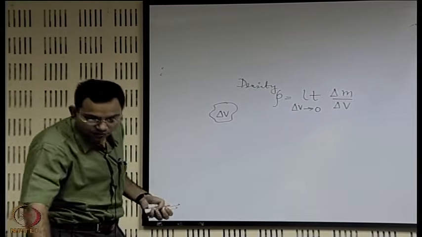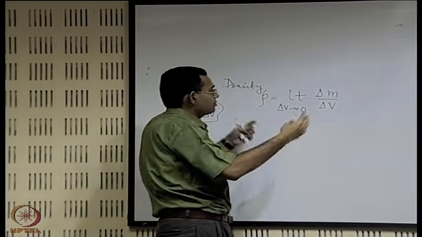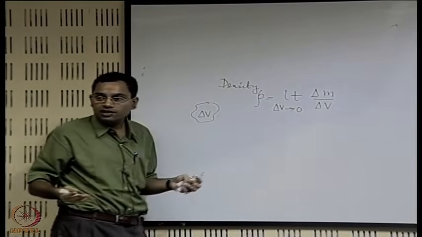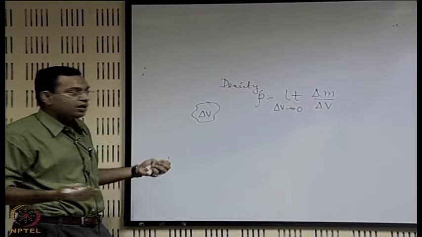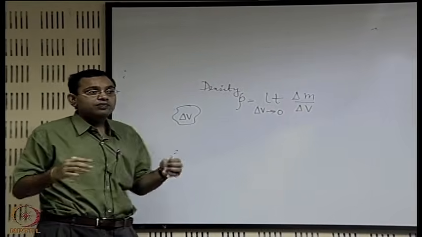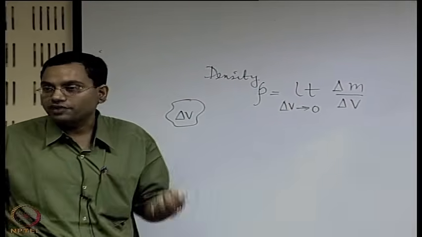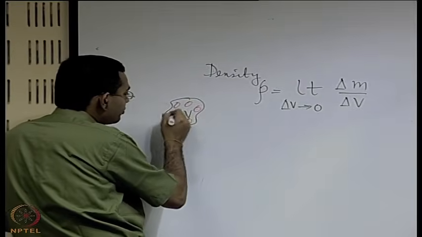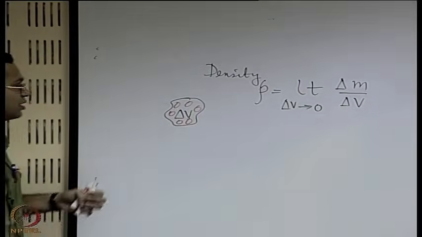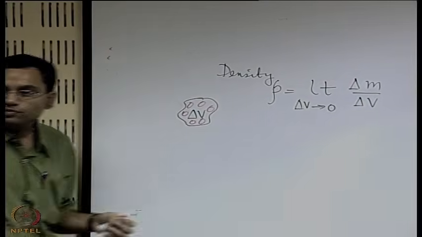So if we remember, in the continuum hypothesis we disregard the molecular nature and we just consider that it is a continuous medium. It does not mean that there are no molecules, but obviously we are abstracted from the molecules and we are just representing their gross effect. But whenever there are molecules, we have to see the number of molecules within this elemental volume.